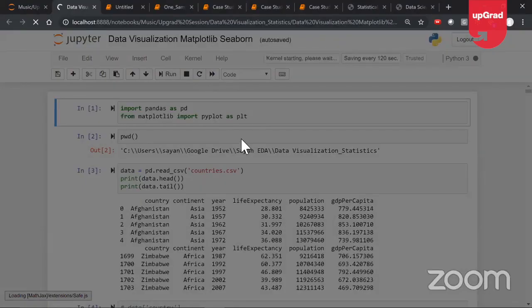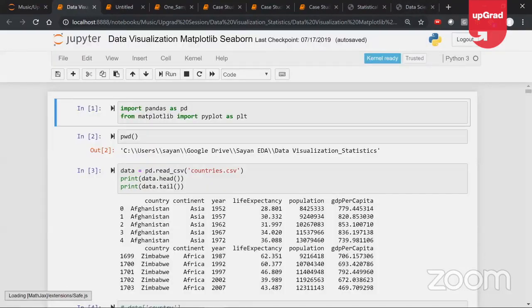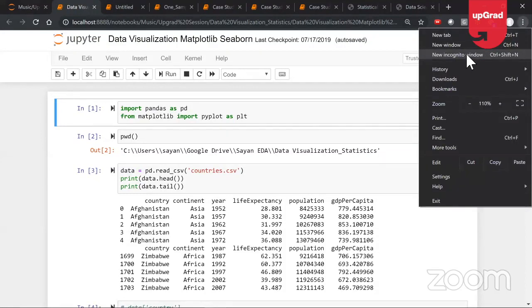Now, what we have here is a very interesting data set called countries. It's countries data that we have right now. And this again is driven by a very popular video that some of you might have come across by a person called Hans Rosling. It's a data visualization video that's very popular on YouTube. You can look it up later, maybe after the session. Let me quickly share the link with you.